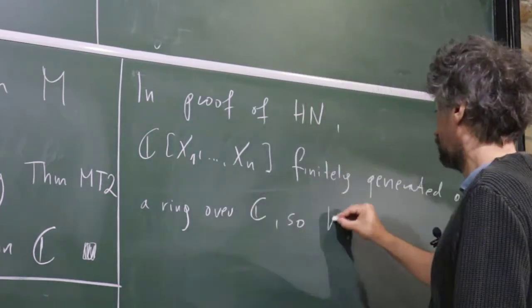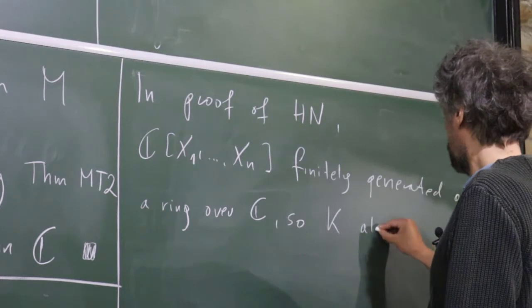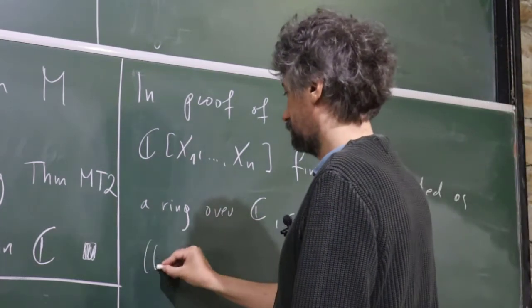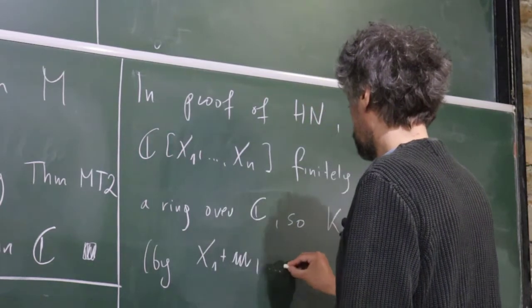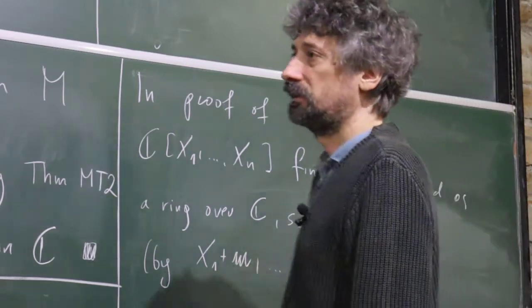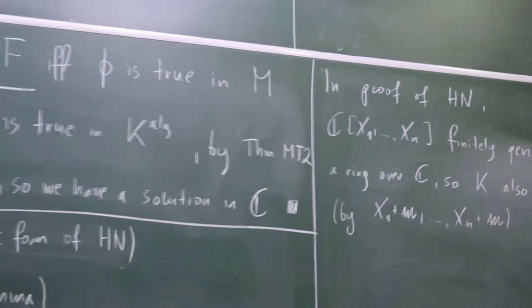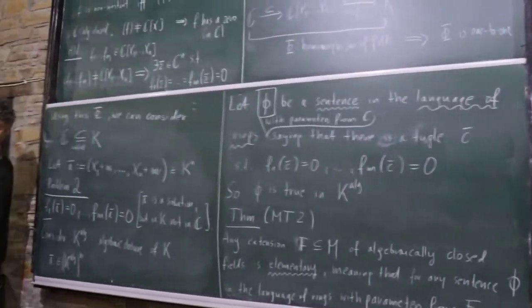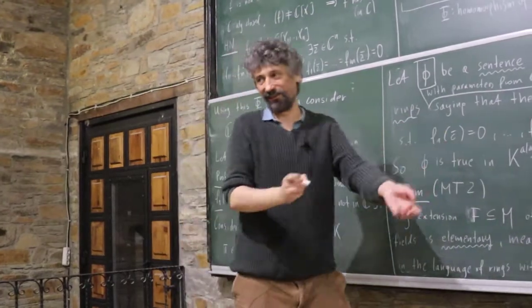So K also is, so by Zariski's lemma, this extension is algebraic, but this is algebraically closed, so this is equal, and the solution is already in C, but using another theorem.